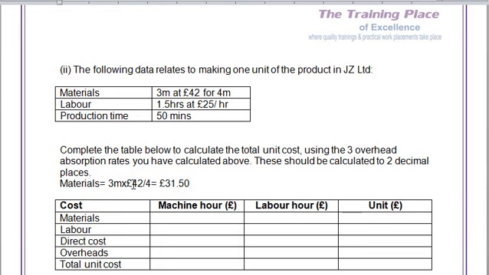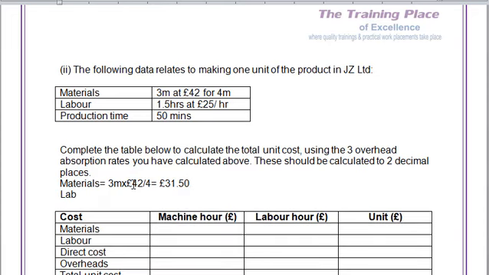We're going to do the same thing for labor as well. Labor, you spend 1.5 hours and it's charged at £25 per hour, so I just multiply through, and that will give me the cost of labor per unit of product we make.